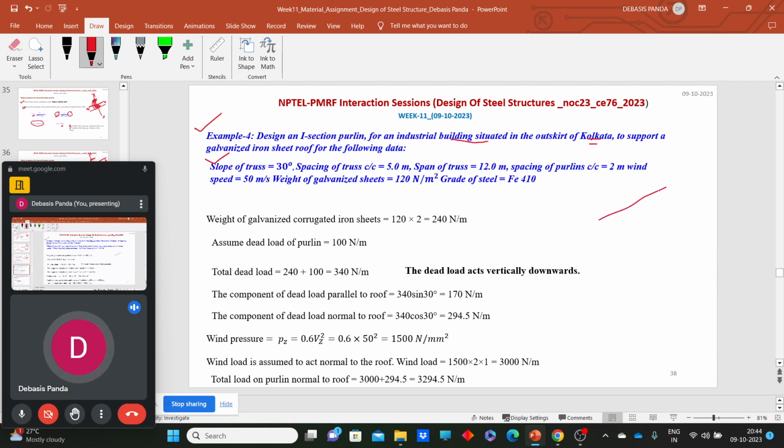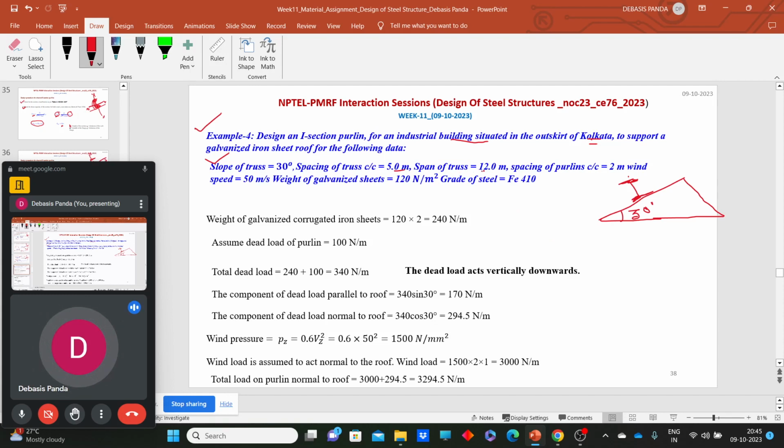That means the rafters are placed at an angle of 30°. So this is the total roof truss, and I sections are used as purlins. The spacing of truss is given as 5 meter.